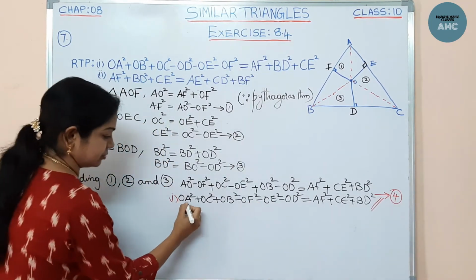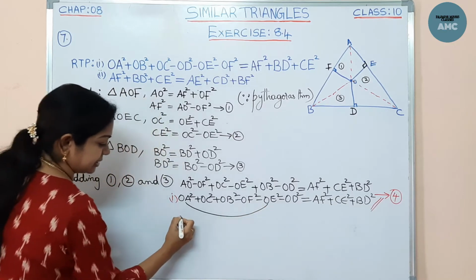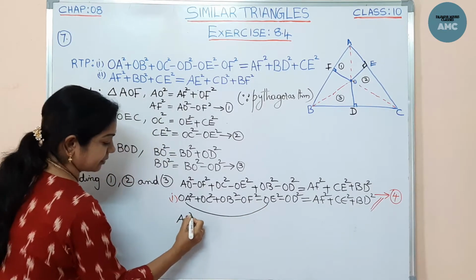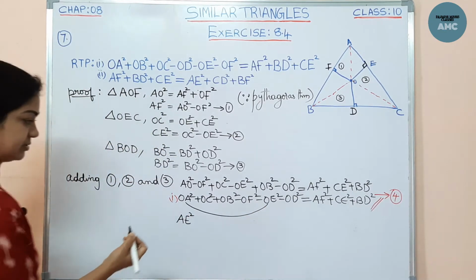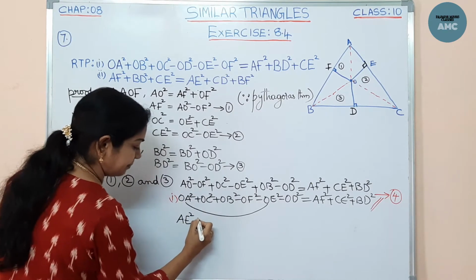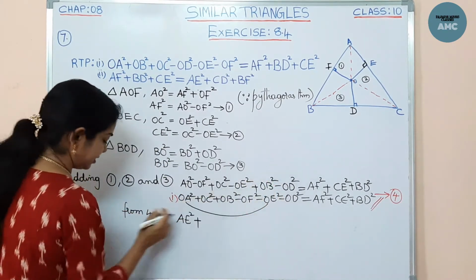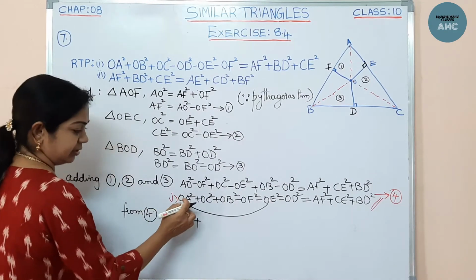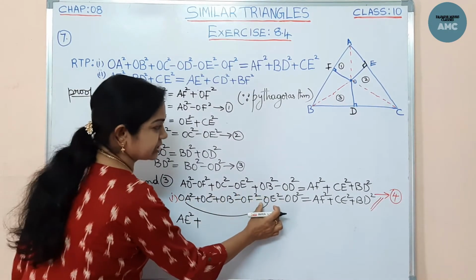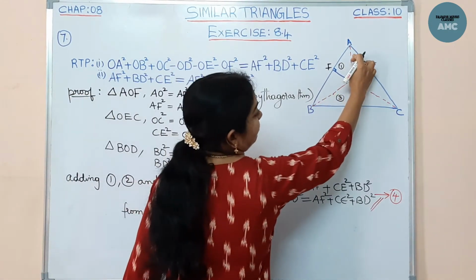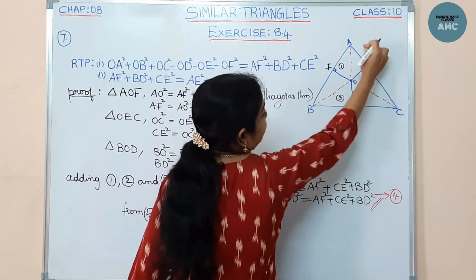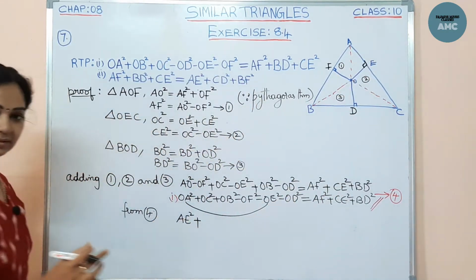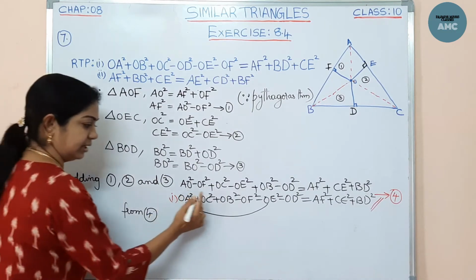If you see these two, you get AE square, because of the Pythagoras theorem. Now I'm using equation 1, so let me write from 1. OA square minus OE square is nothing but AE square. The same Pythagoras theorem only we are doing here.